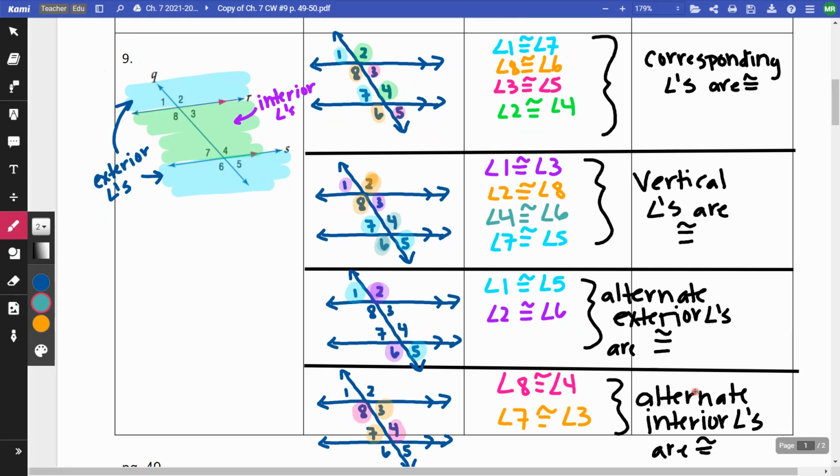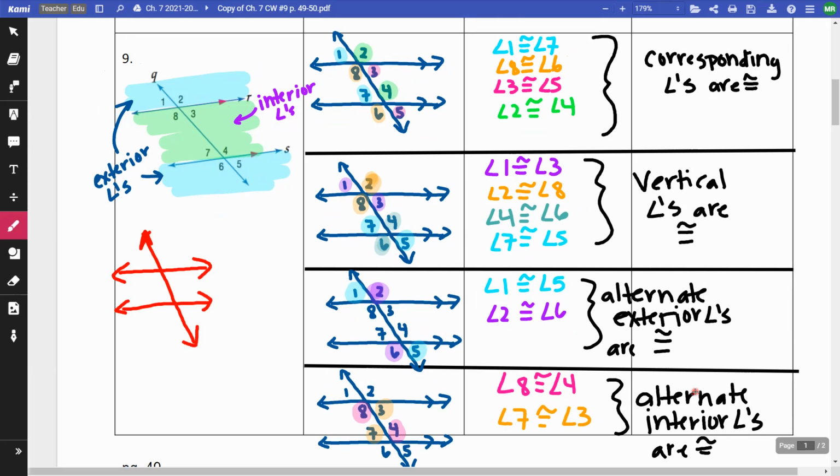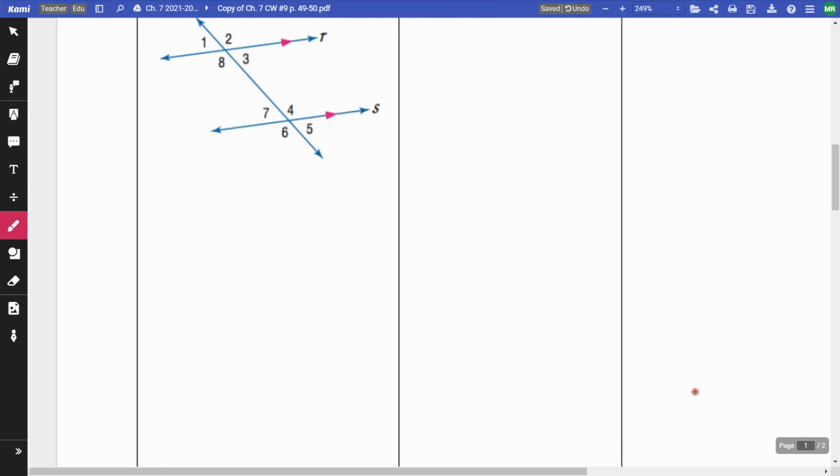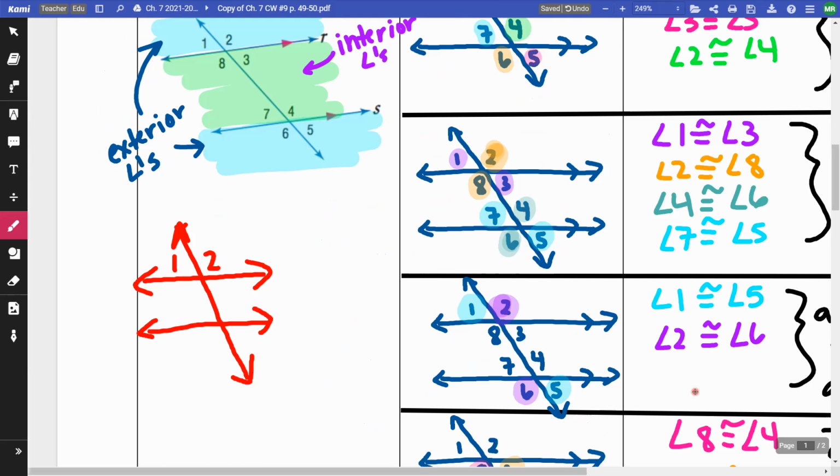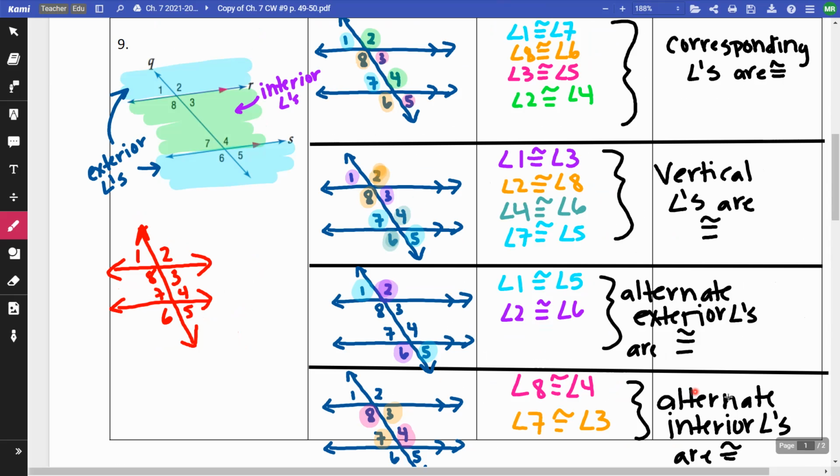So basically, if you're following along with Cami, you could draw your parallel lines, cut by your transversal, label it 1, 2, 3, 4, 5, 6, 7, 8. And then I copied 4 of these. I split this into 4 sections, so I can talk about 4 different situations.